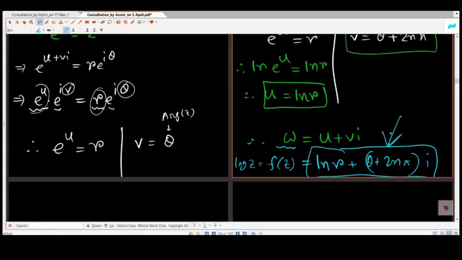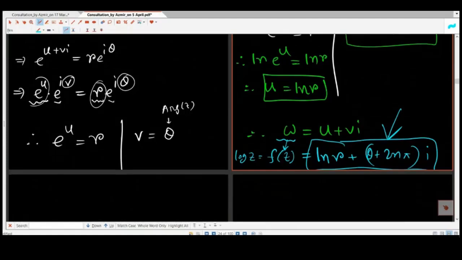We have to focus on the right side. We don't need to focus on the left side. On the left side, we have natural log of z, that means we have f of z. This is the main thing. But the right side is the main concept. We have natural log of r plus the argument, which is the principal argument, plus 2n pi.